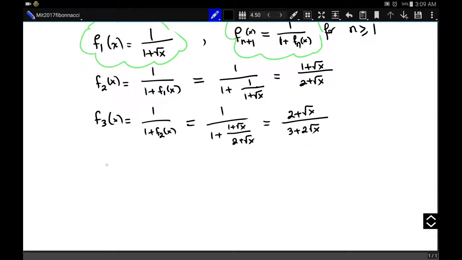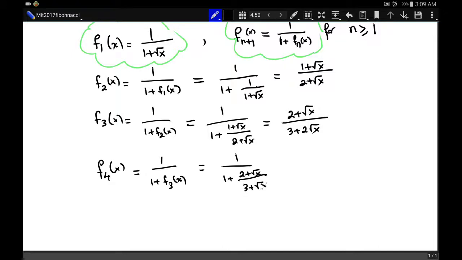Then similarly you can calculate f4 of x, which is 1 over 1 plus f3 of x. Just plug it in: 1 over 1 plus (2 plus root x) over (3 plus 2 root x). This turns out to be (3 plus root x) divided by (5 plus 3 root x).